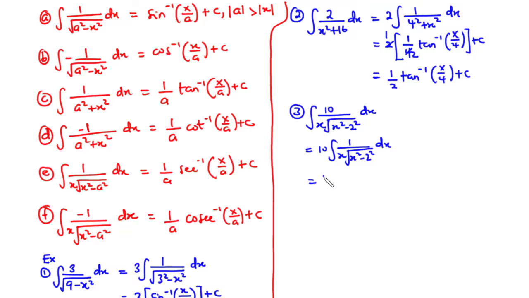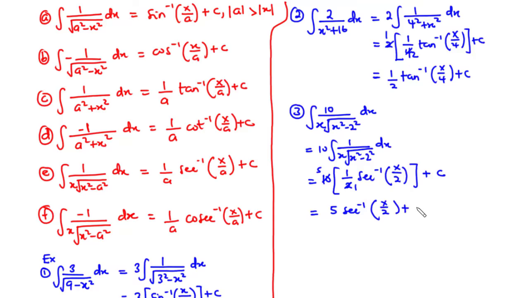So that becomes 10 times 1 over, we have a to be 2, so 2 times sec inverse of x over 2 plus c. 2 goes here once, 2 goes here 5 times, that is equal to 5 sec inverse of x over 2 plus c.